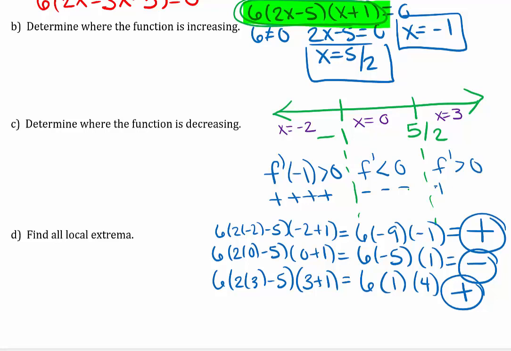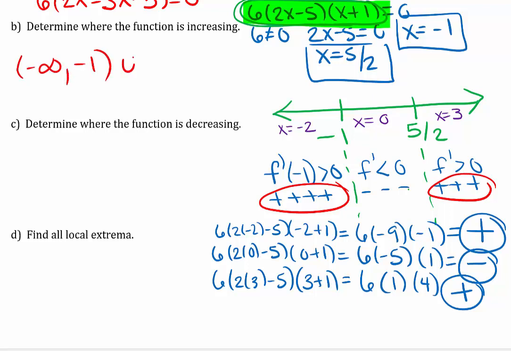And so this table tells me that the function is increasing when the derivative is positive. So in interval notation, that would be everything from -infinity to -1, and then everything from 5/2 to infinity. This function is decreasing when the derivative is negative, so that's from -1 to 5/2.